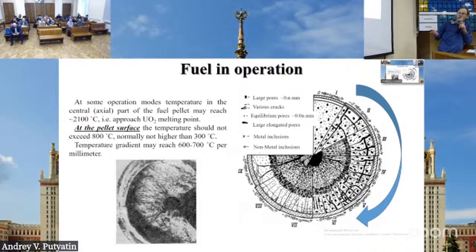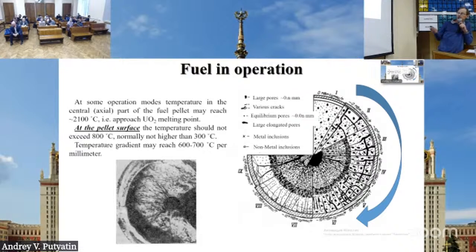Whereas in the center part of the fuel pellet, the temperature may reach more than 2000 degrees, which is still lower, but quite close to the temperature of melting of uranium dioxide. At the same time, at the pellet surface, the temperature should not exceed 800 degrees, and normally it is smaller. So we have huge thermal gradients, reaching something like 700 degrees per millimeter, which is quite a remarkable number from the materials point of view.